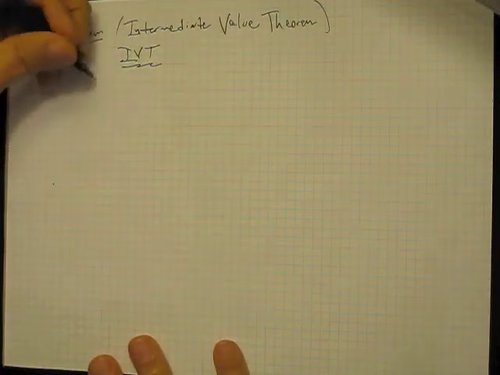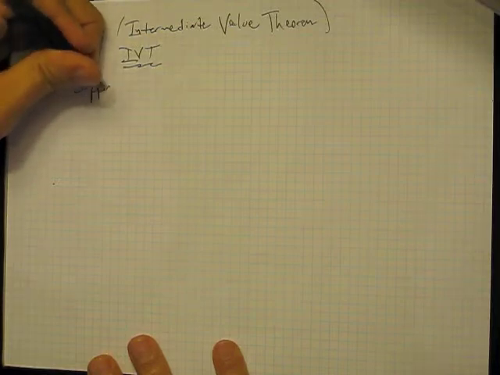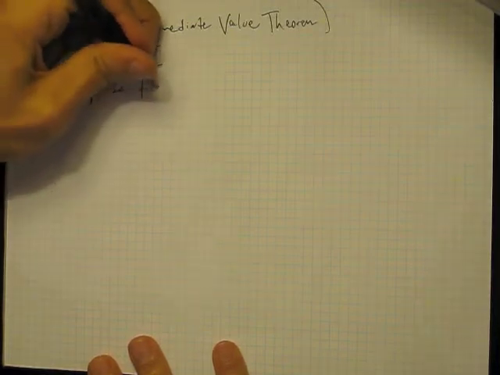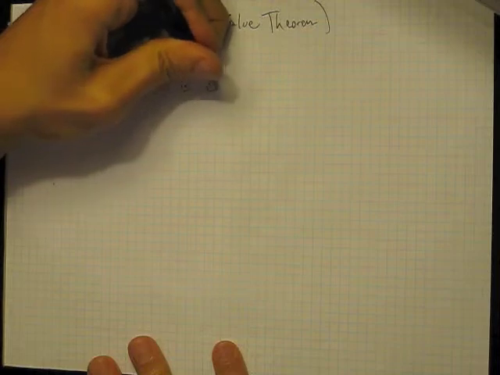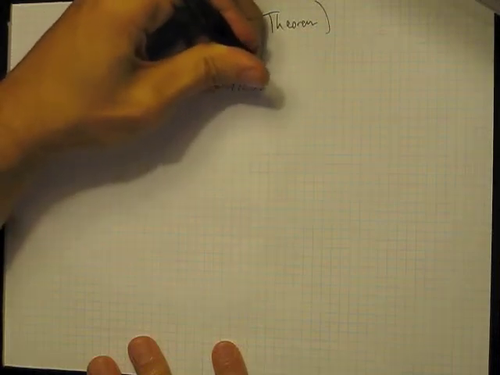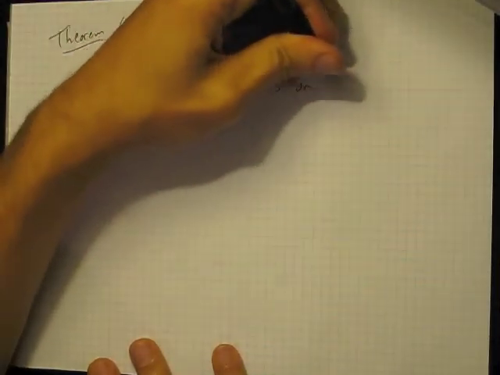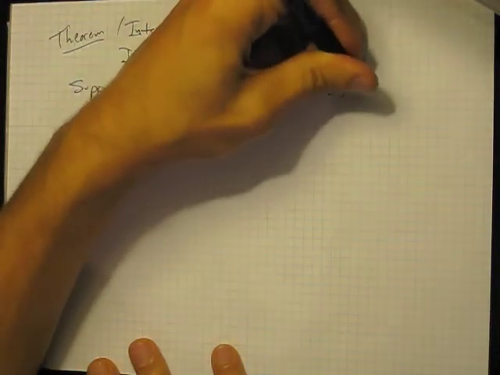So the intermediate value theorem says that suppose f is a continuous function, suppose f is continuous on the closed interval from a to b.